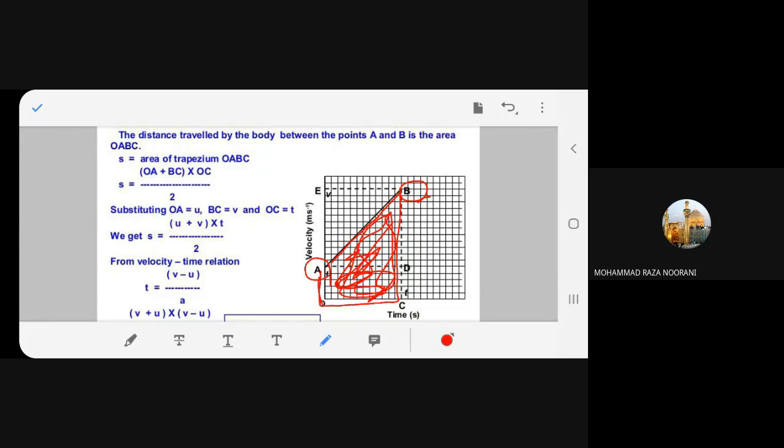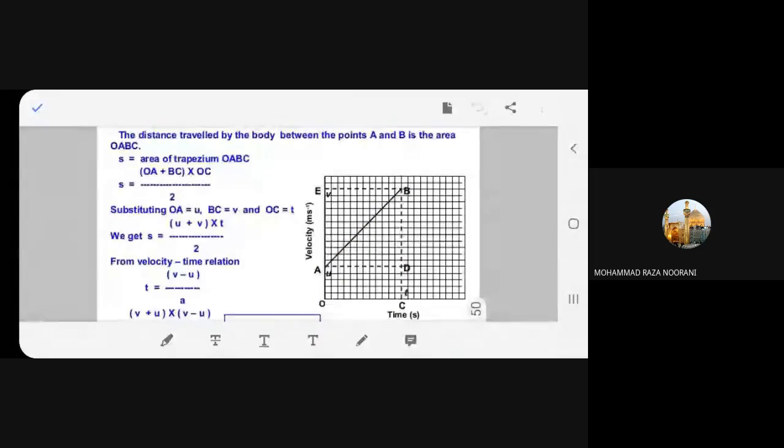So, what is the distance traveled? Area of trapezium OABC. This is the distance traveled. Now, what is the area of trapezium? Can anyone tell me?